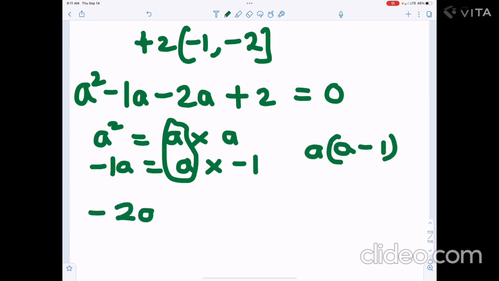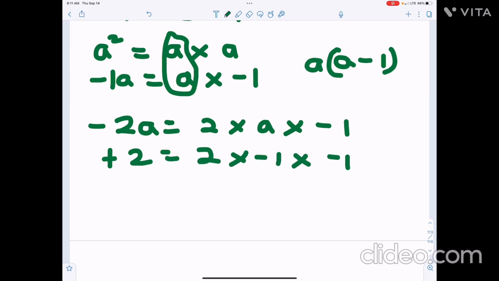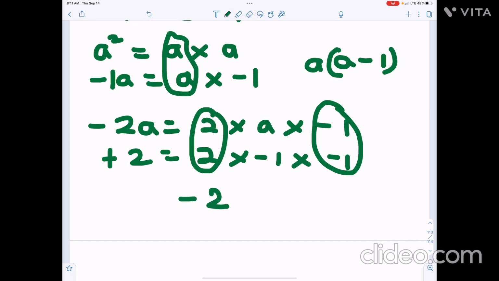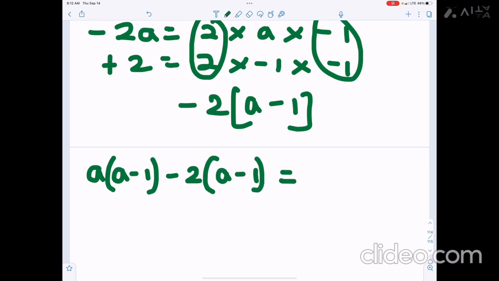Also, minus 2a is 2 times a times minus 1, and plus 2 is 2 times minus 1 times minus 1. We need to split that plus sign into minus 1 times minus 1 so we can get factors. So the common factors are minus 1 and minus 2, and we'll be left with a minus 1. So the factorization gives me a times a minus 1 minus 2 times a minus 1 is 0.